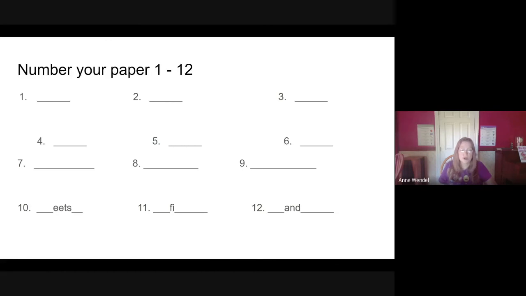Number 2, what two letters make the sound wh, as in what? When? Number 3, what one letter makes the sound eh, as in edge?